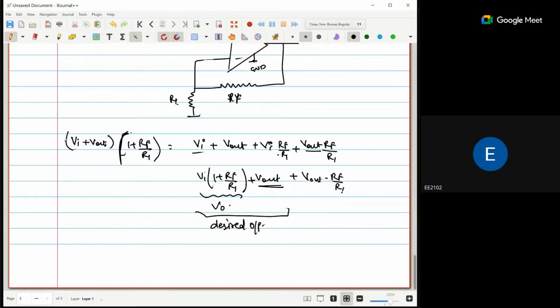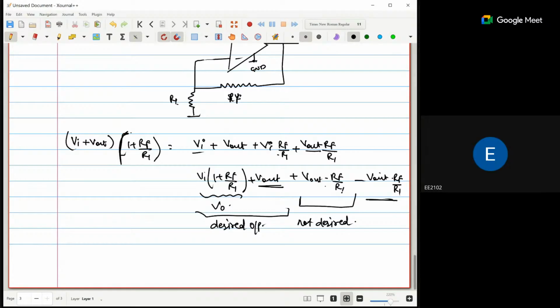But along with that, one term is also there that is not desired. So I have to eliminate this term. So what should I do? If I subtract Vout times RF by R1, that particular term will be cancelled out.